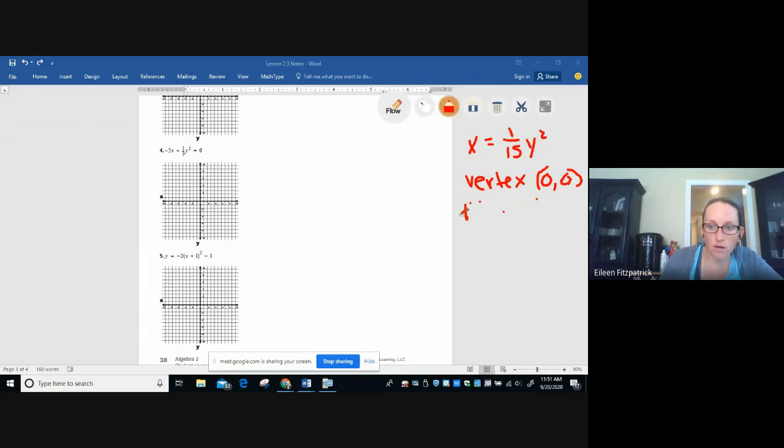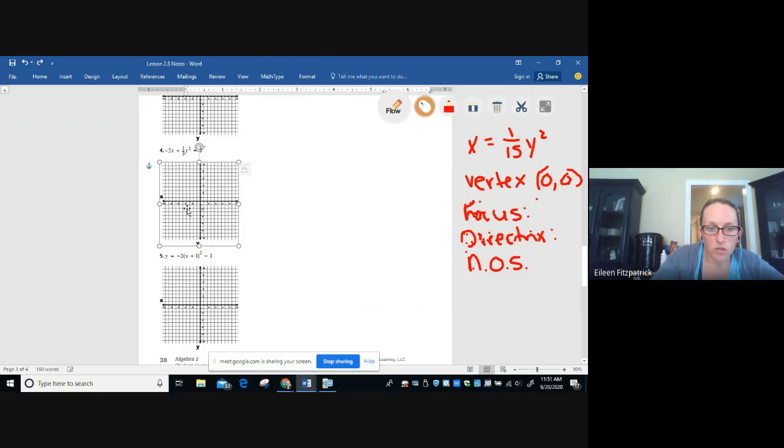And we're still going to talk about our focus, our directrix, and our axis of symmetry. Okay, that's all I'm going to write for now. All right, so let me just make my grid larger so I can actually graph accurately.